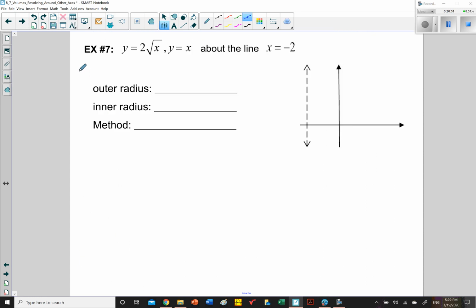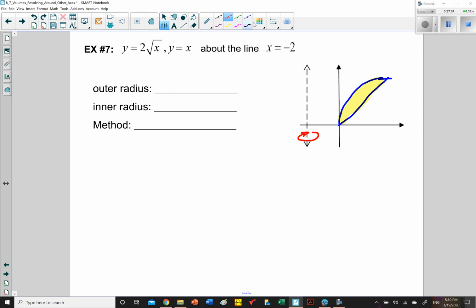Number 7. My goodness, this lesson has a lot of examples. 2 times the square root of x. That looks like this. And y equals x looks like that. We're revolving around the line x equals -2, so that's over here. We have this area in here, that little tulip shape.